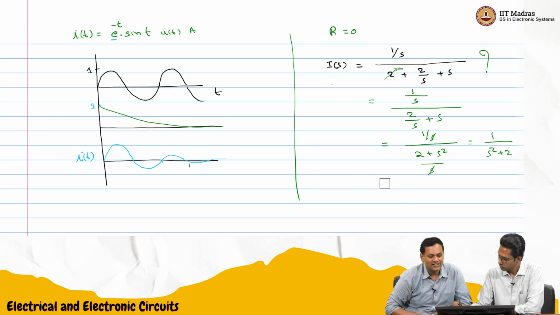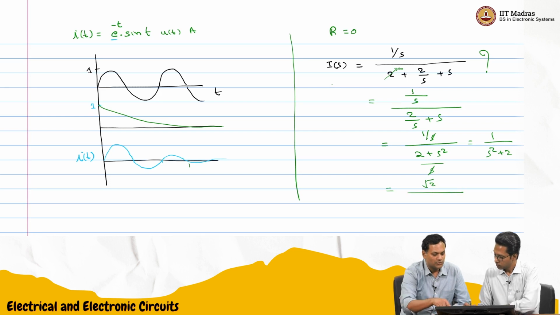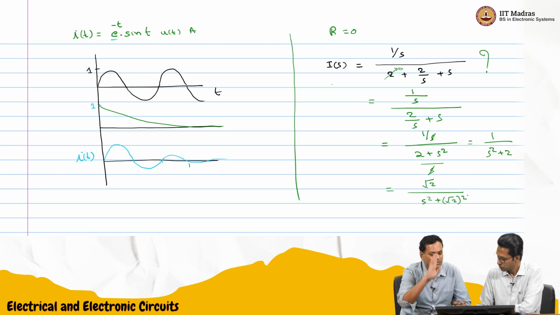So we'll write just root 2 in the numerator, and s square plus root 2 the whole square. We'll pre-multiply by 1 over root 2 here to make sure it is the same.